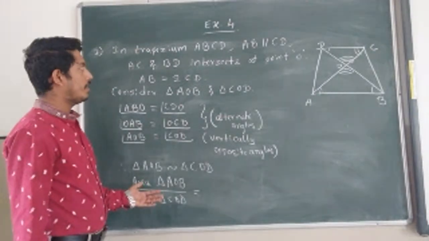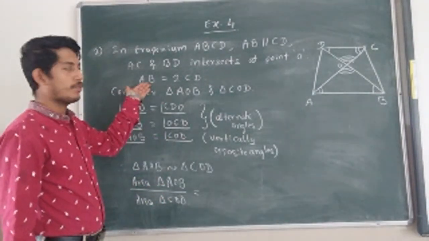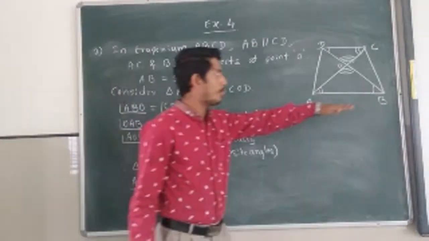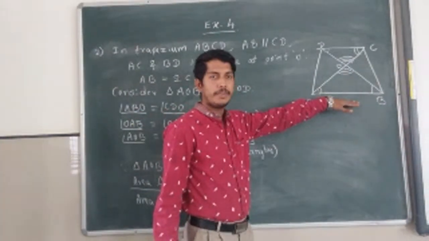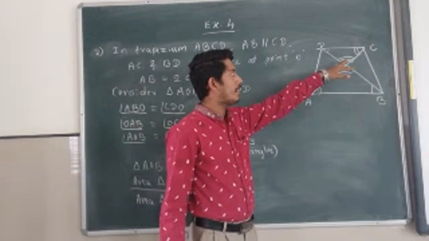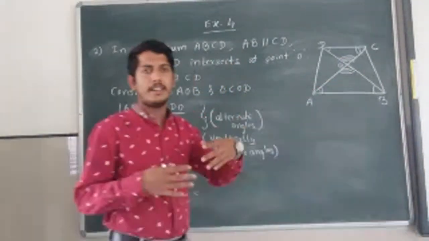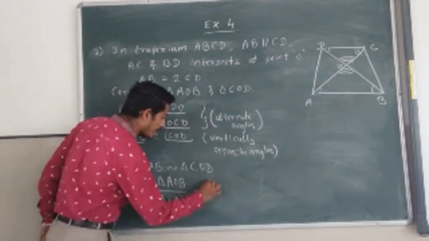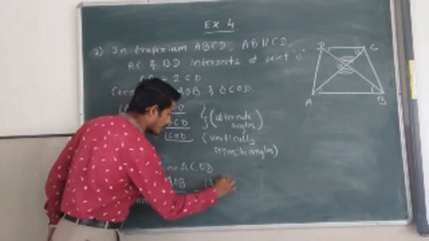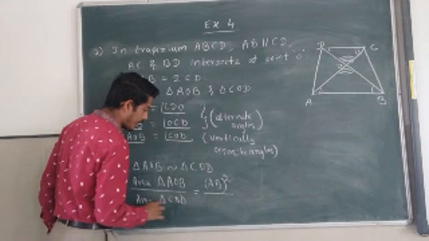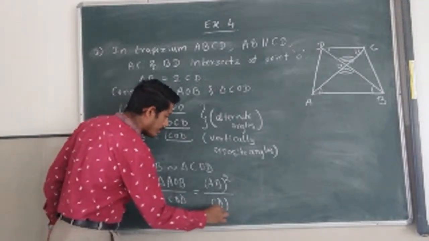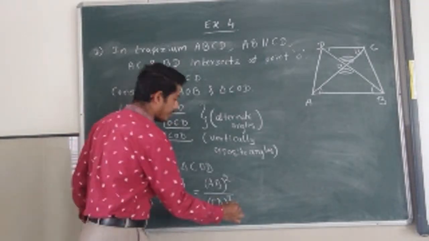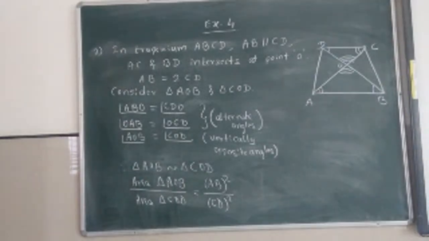I will consider AB and CD, because in triangle AOB, AB is given, and in triangle COD, CD is given, or that relationship is given. So that's why I will consider in AOB, AB whole square divided by in COD, CD whole square. Just look at the board.